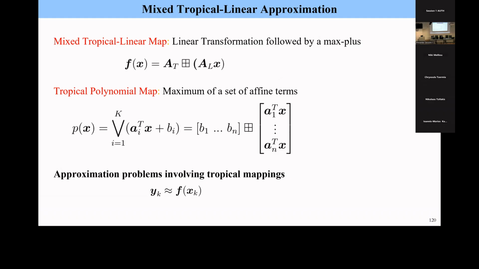Obviously, the indices L and T indicate that the two transformations are linear and tropical correspondingly. And we have a tropical polynomial, and we want to essentially approximate the output of some system with these mixed tropical linear maps.